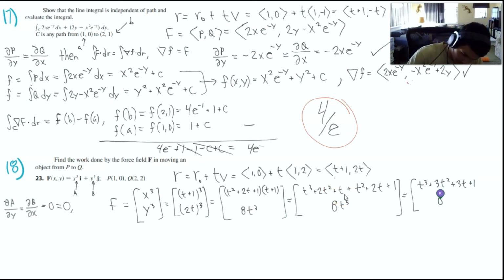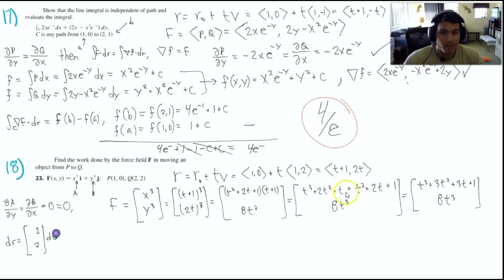Now we got t cubed down here. Okay, so that's f, and we want dr. Well, dr is (1, 2t). Remember, we differentiate this with respect to t.